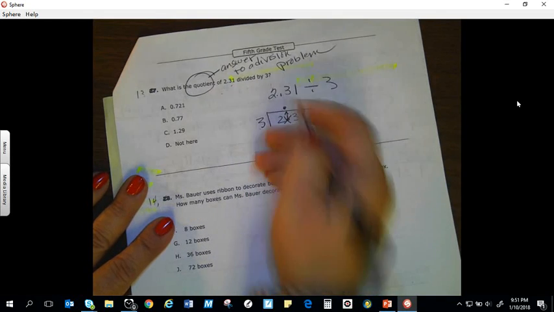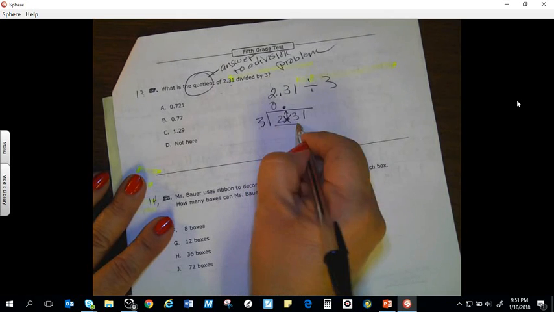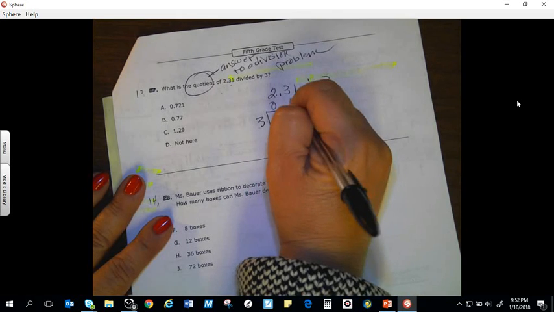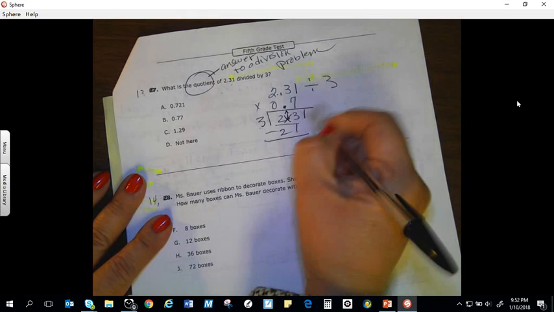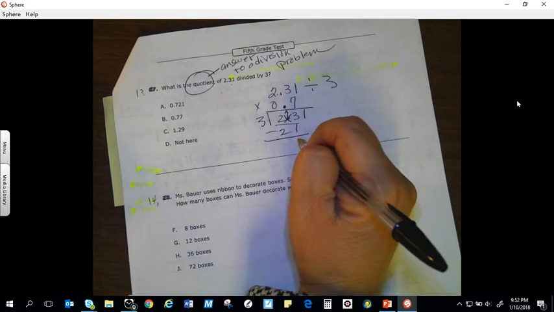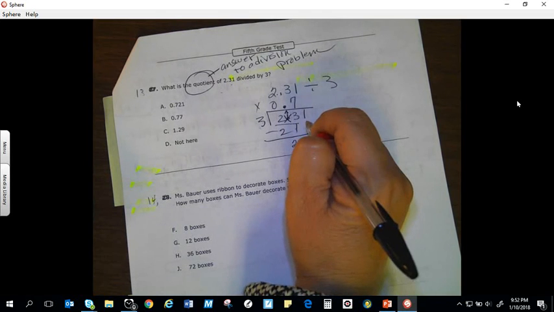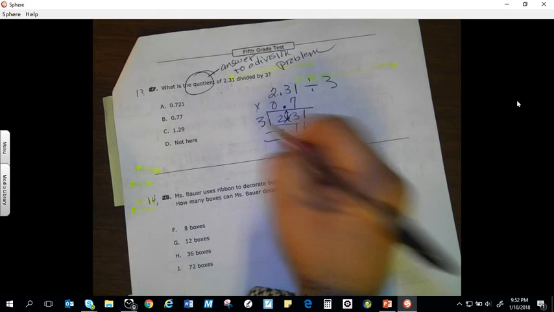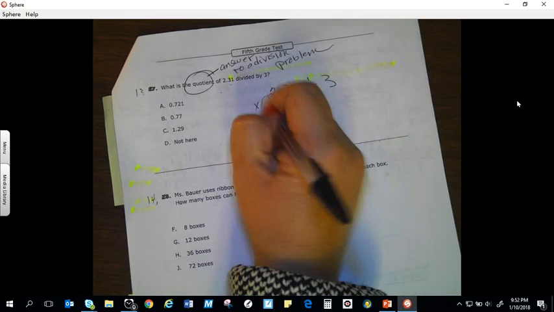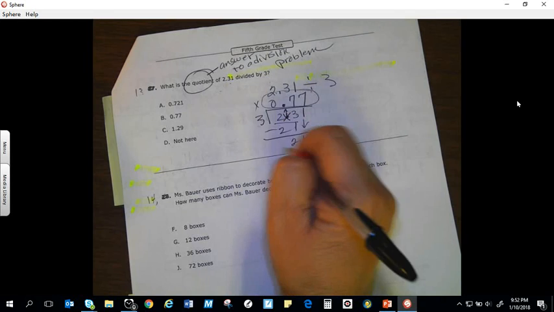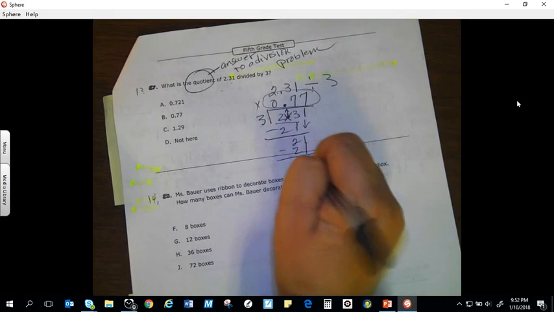3 goes into 2 0 times. 3 goes into 23. Well, 7, because 7 times 3 is 21. Subtract that out. 3 minus 1 is 2. And I'm going to bring down my 1. 3 goes into 21 7 times. And so here is my answer. 3 times 7 is 21, and mine is 0.